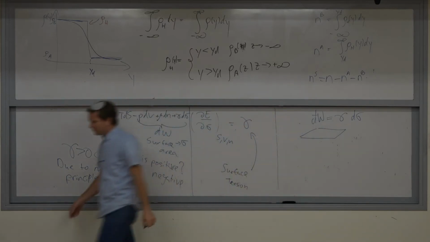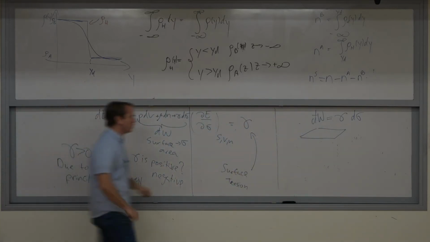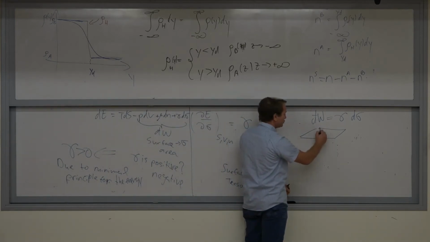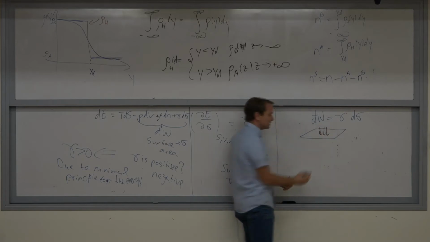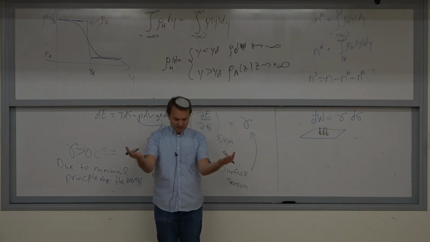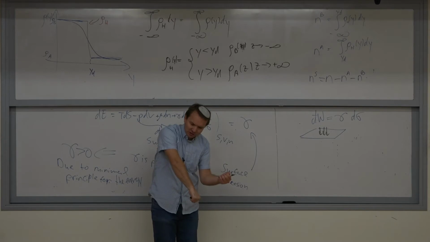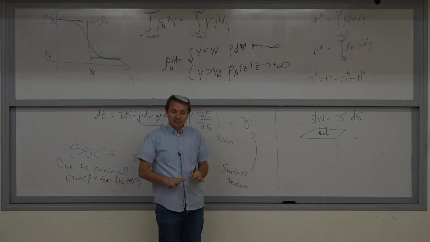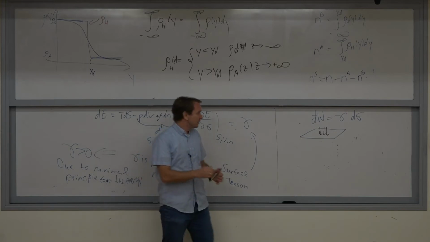Okay? So if this is my surface, and I'm trying to push on my surface and change it locally. It's a straight sheet, and I'm trying to push it a little bit. In order to do that, it will eventually increase the size of the surface.